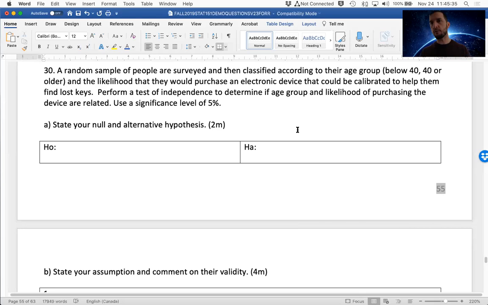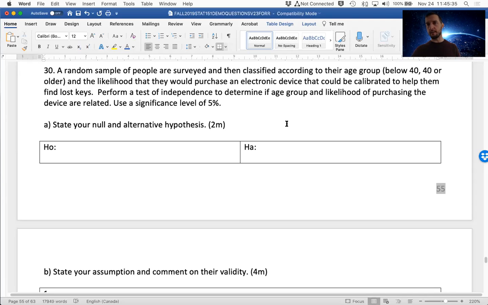So in the chi-square independence test, we have 2 variables. In this particular illustration, we have age group as one variable, and we have electronic device being purchased as the second variable, specifically electronic devices to help them find lost keys. We want to determine if age group and the likelihood of purchasing the device are related.